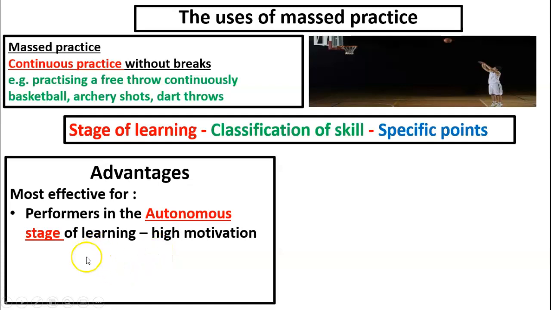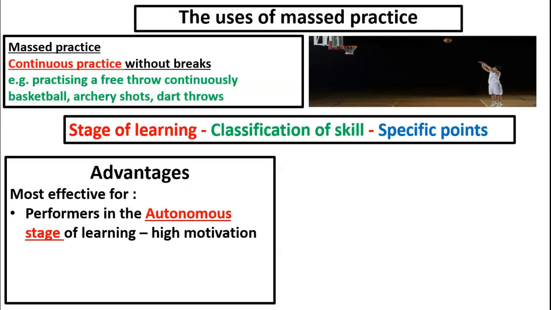Now, there's something in terms of the classification of skill mass practice is most effective for. In order for mass practice, in order to continuously practice something and repeat it over and over again, you need the skill to be short in duration. If it's going to be short in duration, you need it to have a clear beginning and a clear end. That is what makes mass practice most effective.